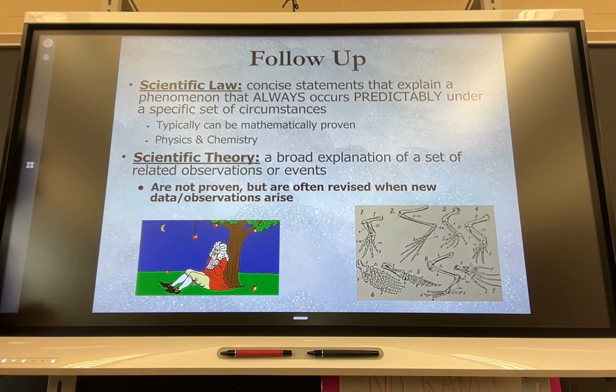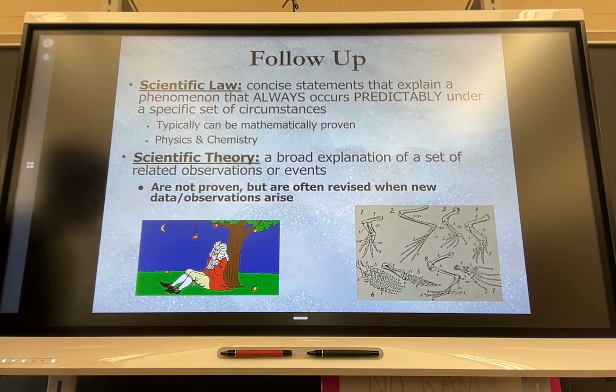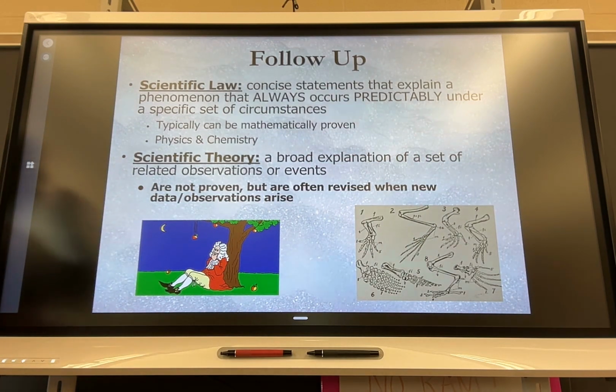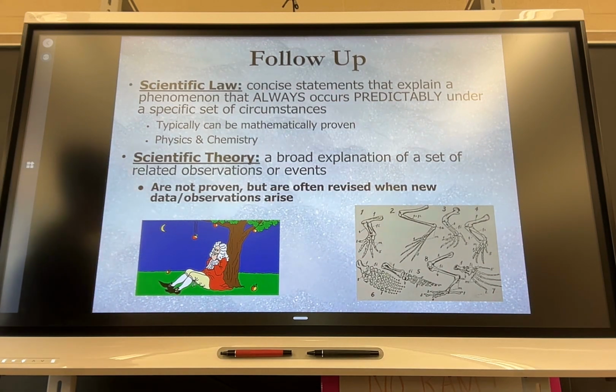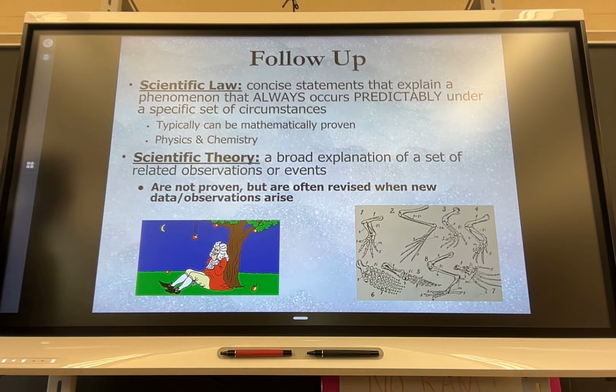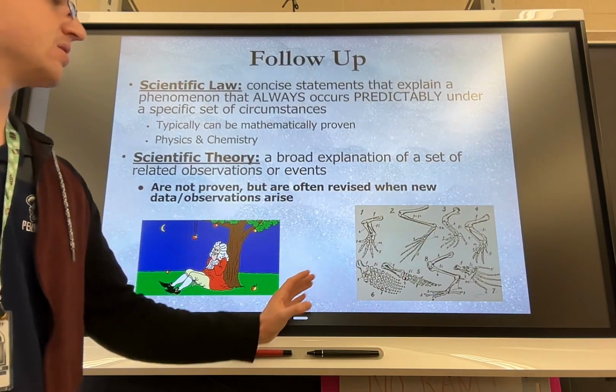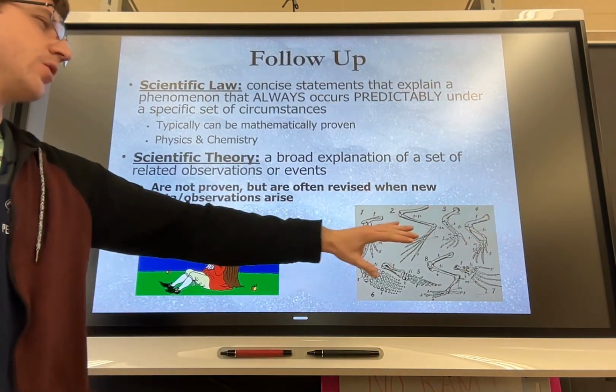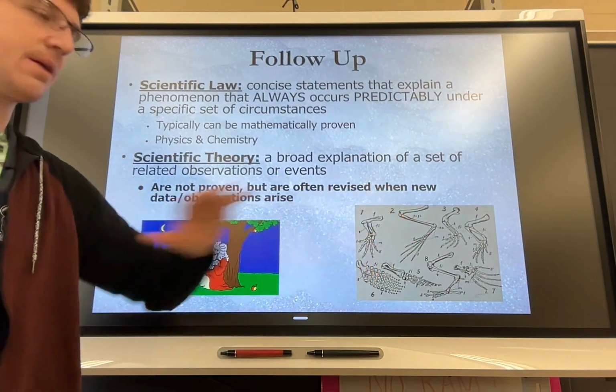You probably have heard of the Big Bang Theory. We'll talk about cell theory. We'll talk about the theory of evolution. Theories help explain different observations or events, but they aren't completely proven. There's always going to be some sort of skepticism that prevents us from completely accepting them.